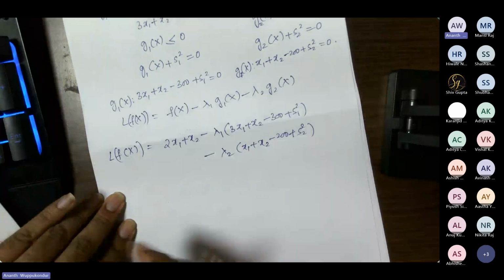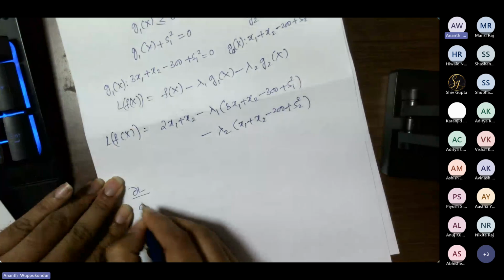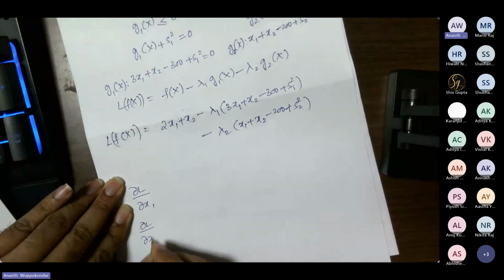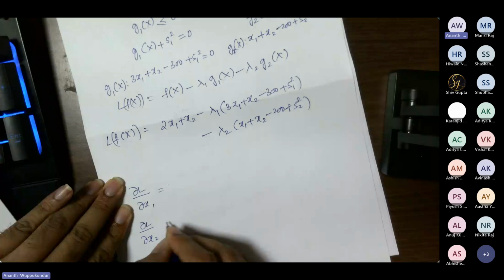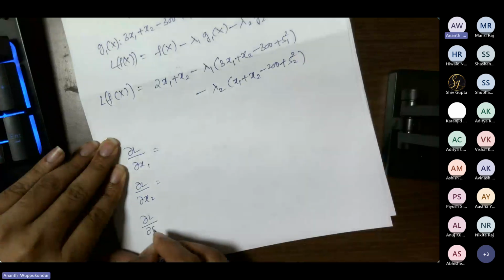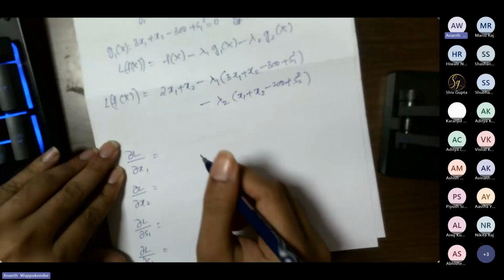Now to solve this, we need to take a differential of L with respect to x1 first, and then differential of L with respect to x2. Similarly, we need to take a differential of L with respect to S1, differential of L with respect to S2. And we will repeat the process for lambda 1 and lambda 2 as well.